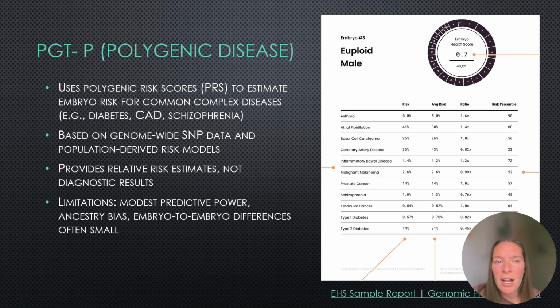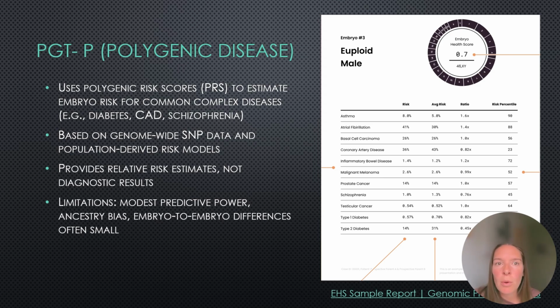Next, let's talk about PGT-P, or preimplantation genetic testing for polygenic diseases. PGT-P uses polygenic risk scores, or PRSs, to estimate an embryo's risk for some common and complex, or multifactorial, diseases. I'm talking conditions like diabetes, coronary artery disease, schizophrenia, and you can see a few other conditions listed in this sample report that I pulled.